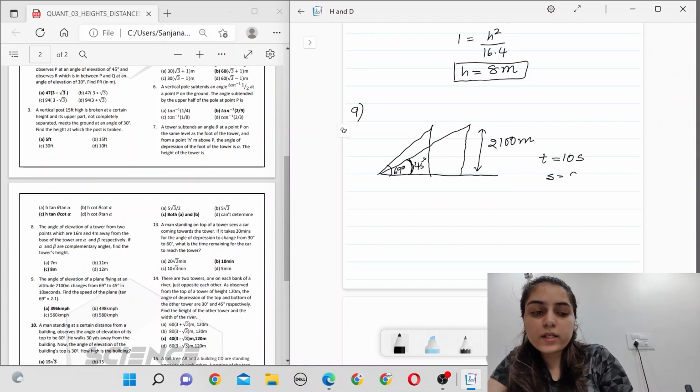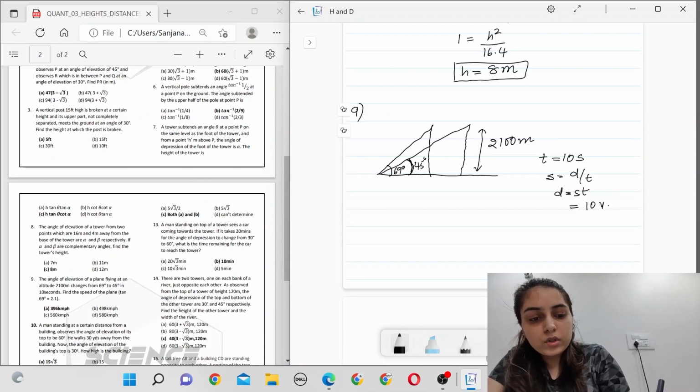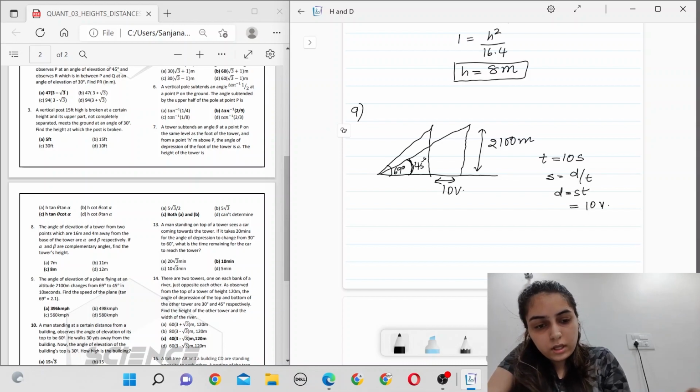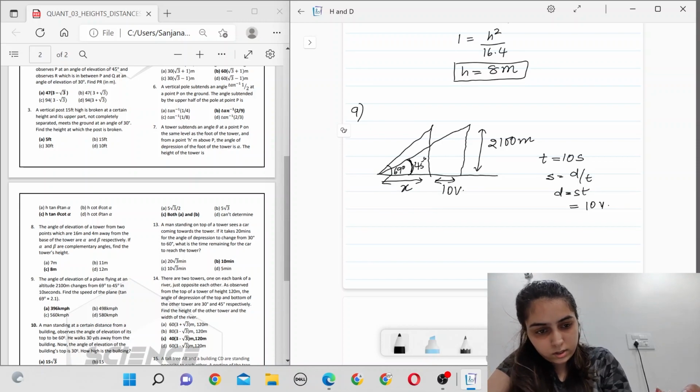We know that speed is equal to distance by time. So distance is going to be speed into time. So let the speed be v and time is 10. So this is 10v. So let us assume this to be x.